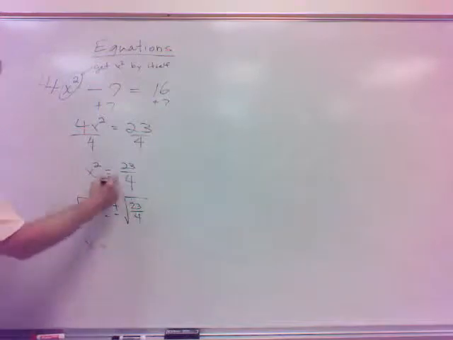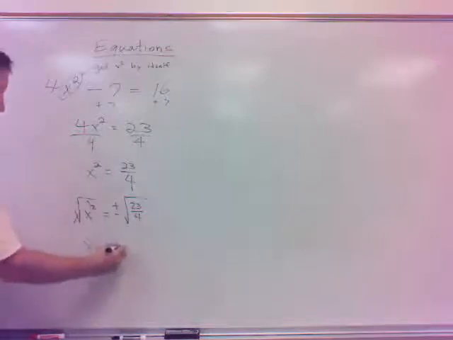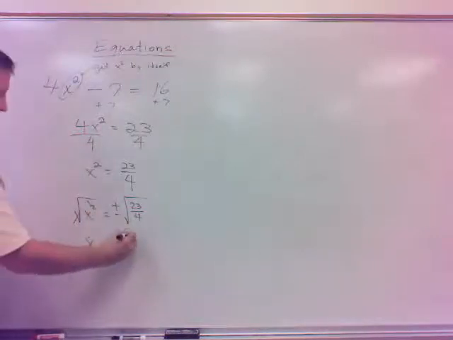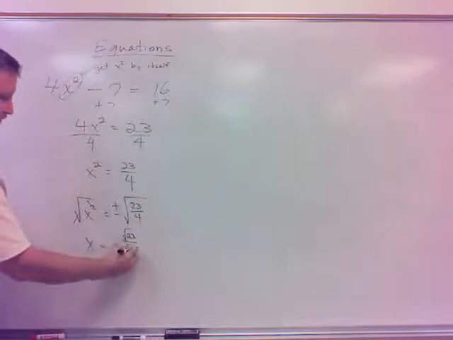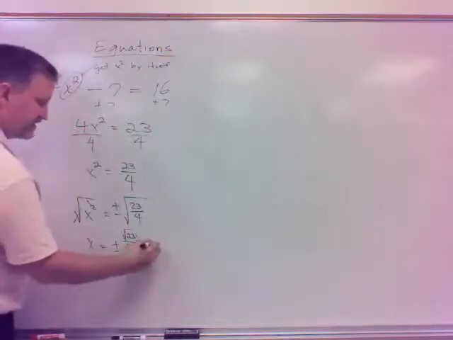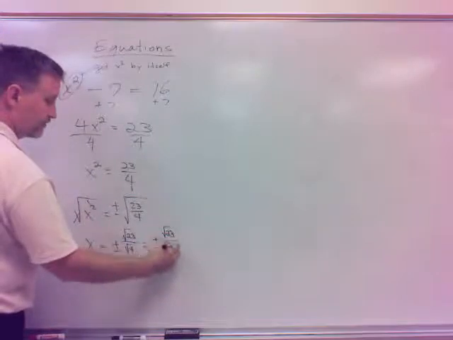So the square root and the square cancel, and x equals plus or minus... Do you see anything I could do there? Make it the square root of 23 over square root of 4, because then I can simplify the square root of 4 to be 2, so the square root of 23 over 2.